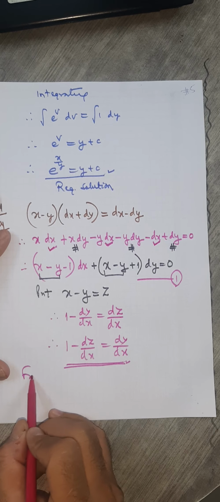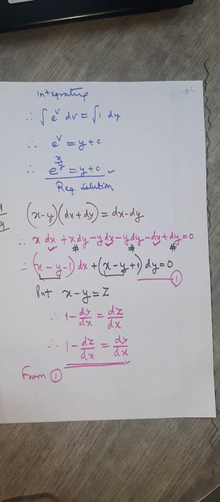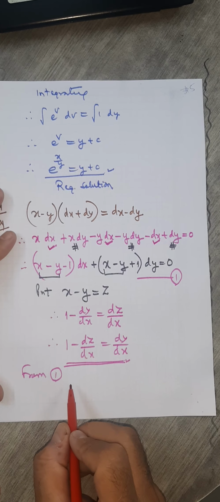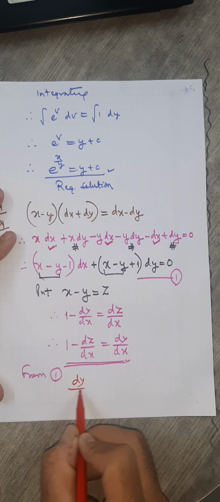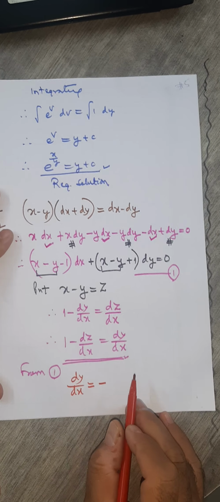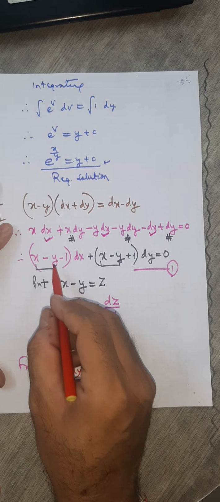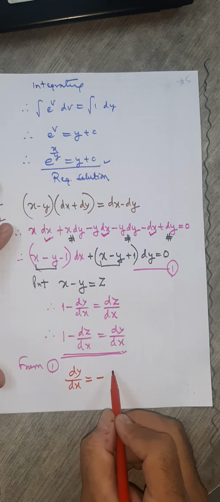And now from 1, you need to write dy by dx also first, remember. So from 1, dy by dx equals, if I take 1 on the other side, minus sign will be there, remember. dx is down here, so in the numerator you have this term.